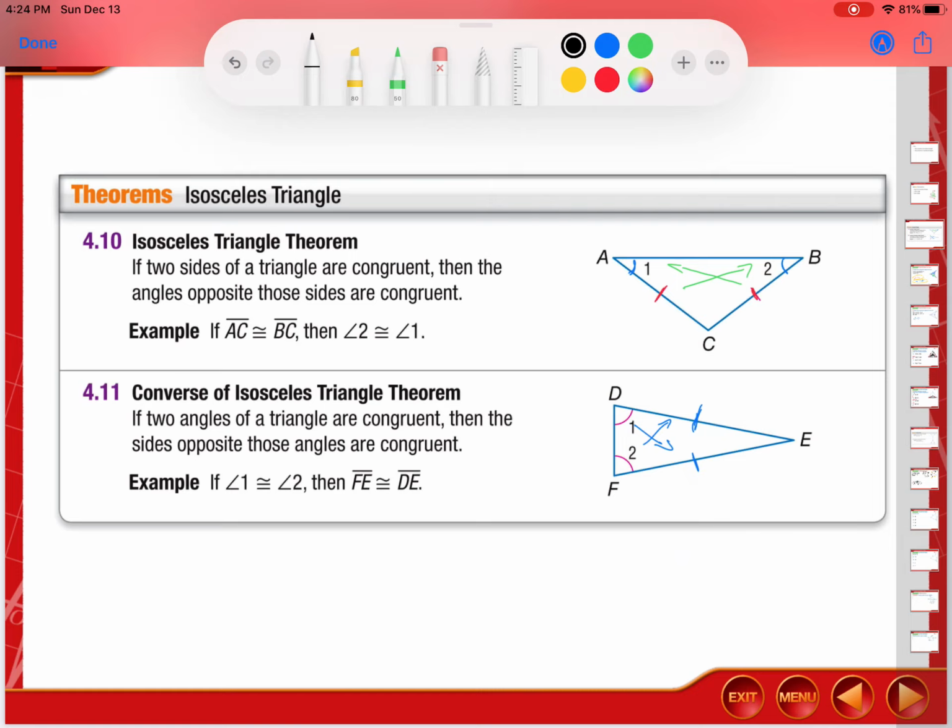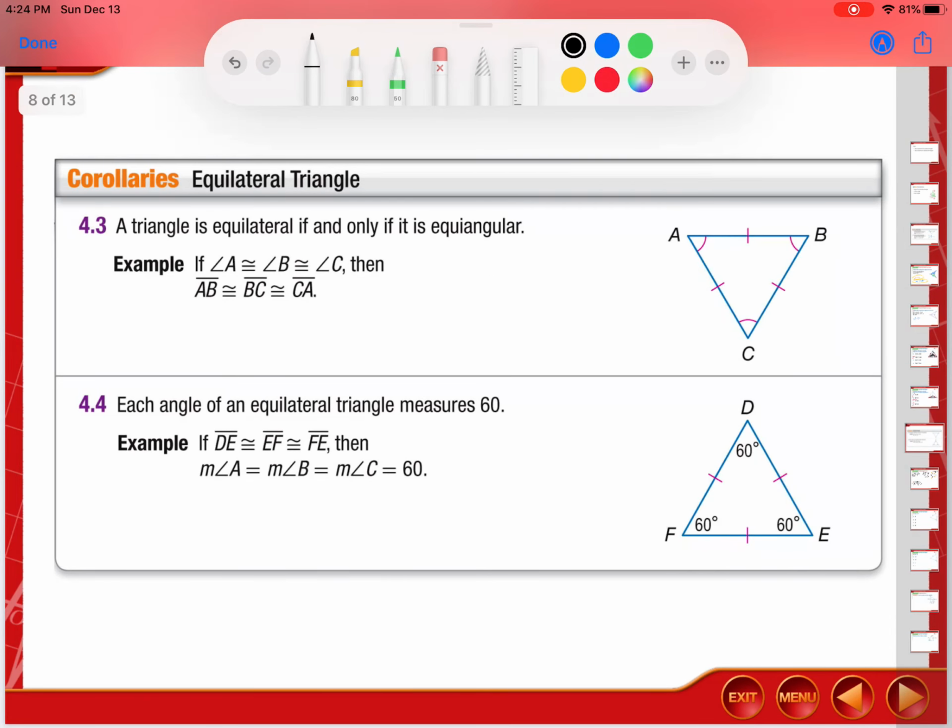And you'll see a lot of proofs. A lot of your proofs are going to be using these tools. So if we go back, I would make sure this is in my notes, this isosceles triangle theorem and converse of isosceles triangle theorem.